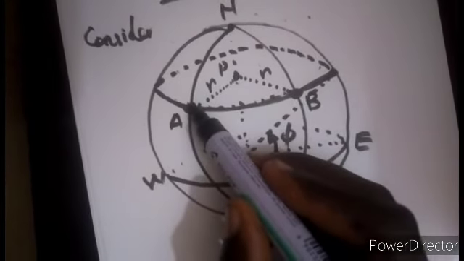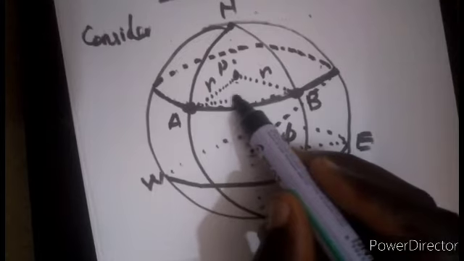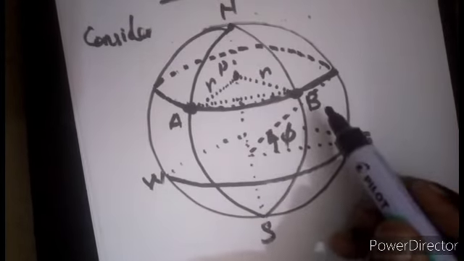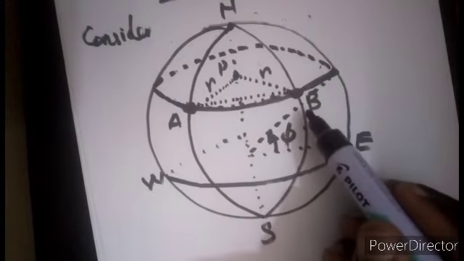Okay, now the distance from this point here, if I call this point A and this point B, the distance from this point A straight to the point B will be AB.